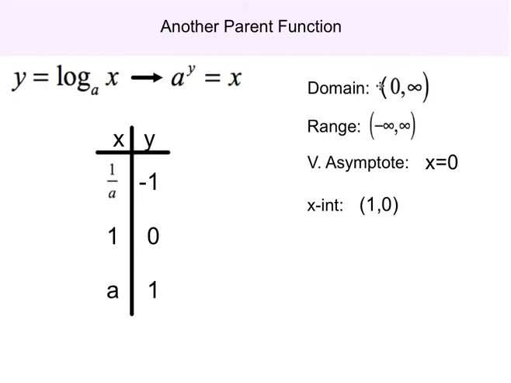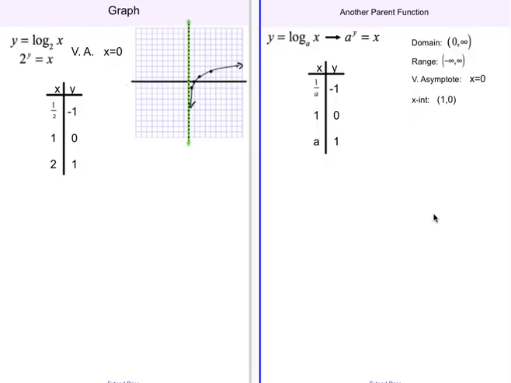So my domain is from 0 to infinity. My range is from -infinity to infinity, and I have a vertical asymptote at x equals 0. My x-intercept is 1, 0. Notice my domain is 0 to infinity. My range is all real numbers, -infinity to infinity. My vertical asymptote is my y-axis. My x-intercept is 1, 0.